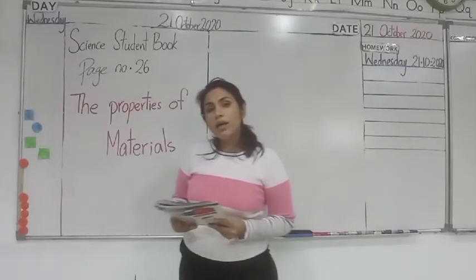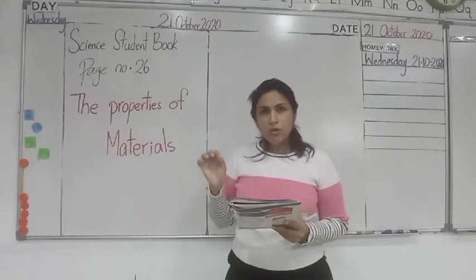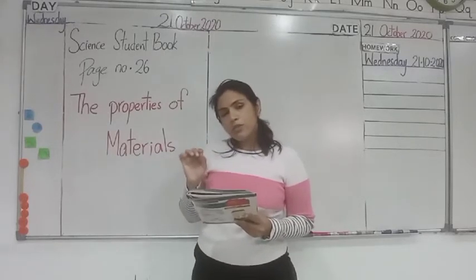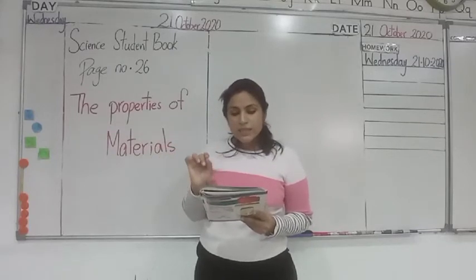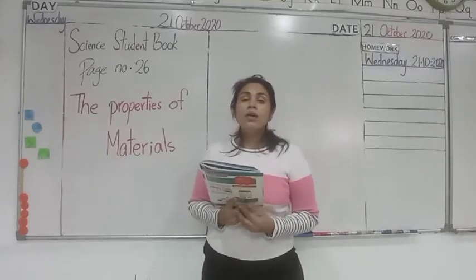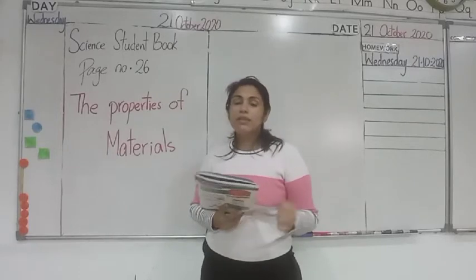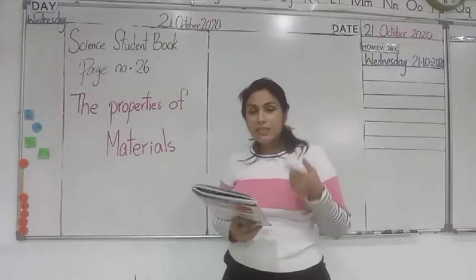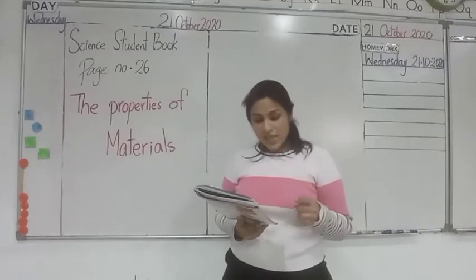So we will learn about a few properties of some materials. To test the properties of a material, we will test how that material is, for example, whether it is magnetic, whether it's bendy, stretchy, or stiff. Okay, we will test that.